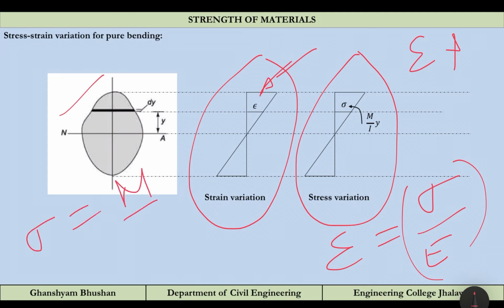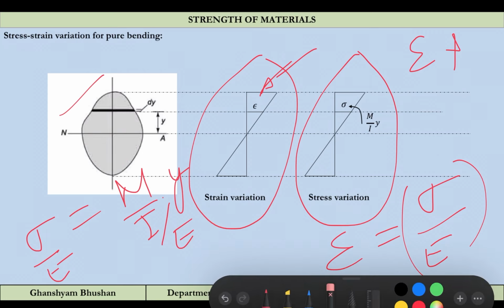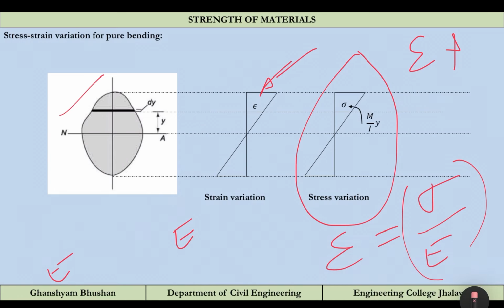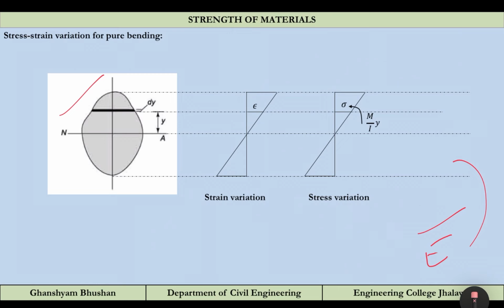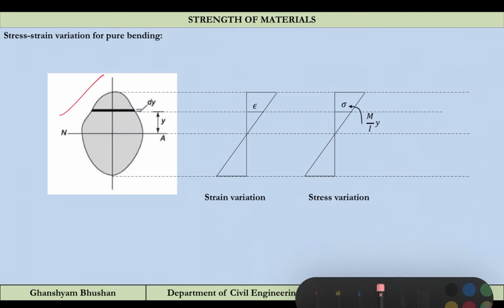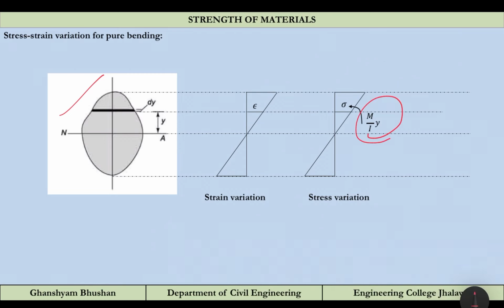Sigma is M by I into y, and if you divide it by E, what are we going to get? Strain is simply M by I into y by E. M is for a particular section, M is going to be constant. I is constant for a given section, so it is directly depending only upon y.